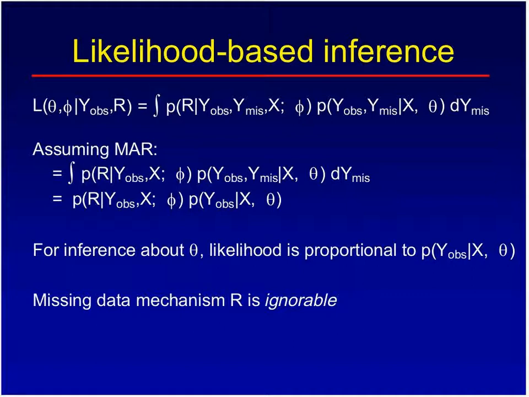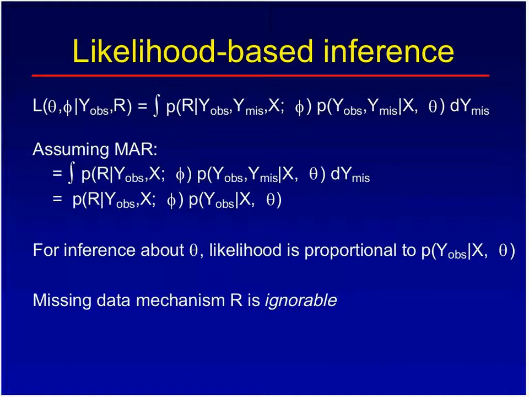We're interested in theta, the parameters relating Y to X in the case where there was no missing data. But then we need to integrate over the distribution of the missing data. If you assume missing at random, then the missing data mechanism no longer depends on Y miss, so you can pull it outside of the integral.